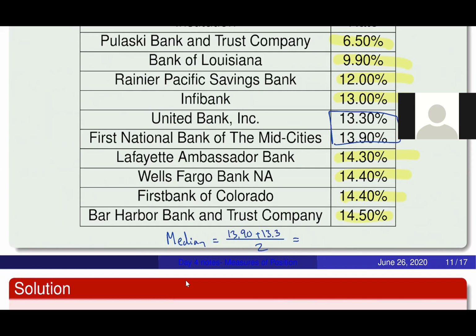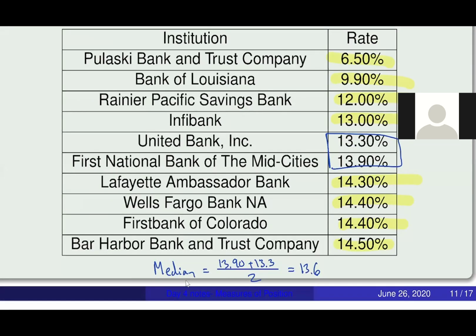Yeah, there you go. So it should be 13.6. Now we're going to find quartile 1 and quartile 3. To find quartile 1, we're going to use this data set, and to find quartile 3, we're going to use this as our data set.